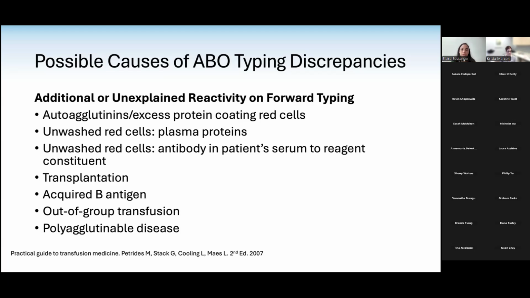Polyagglutinable disease is a condition where patients have agglutination with almost all kinds of serum, but these are patients who have anti-I, and this is produced by special conditions where we have the reaction to almost all the red blood cells and all the serum of the other patients. This is very rare, but it can exist. And this can be a temporary condition, or it can be acquired, or it can be a hereditary condition.